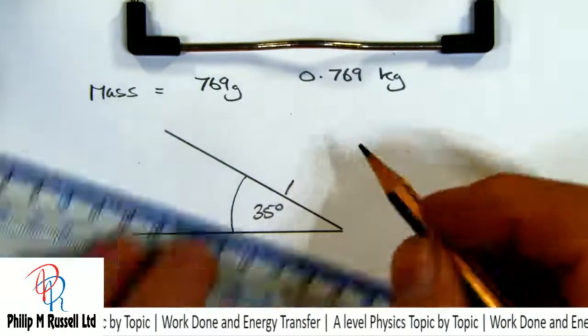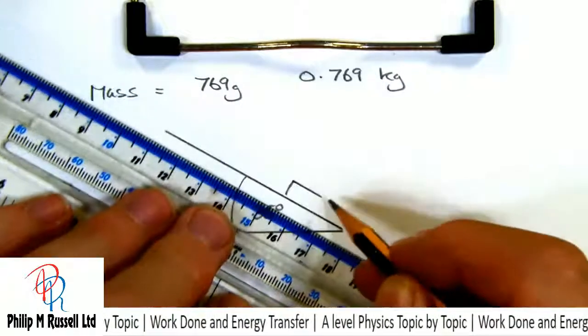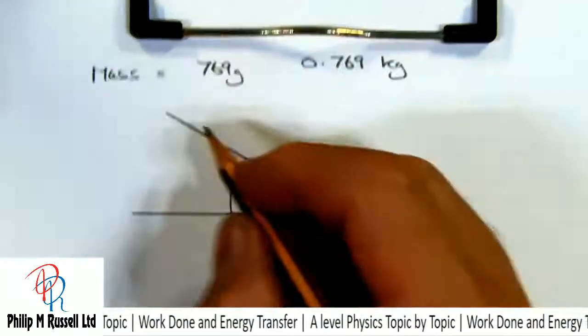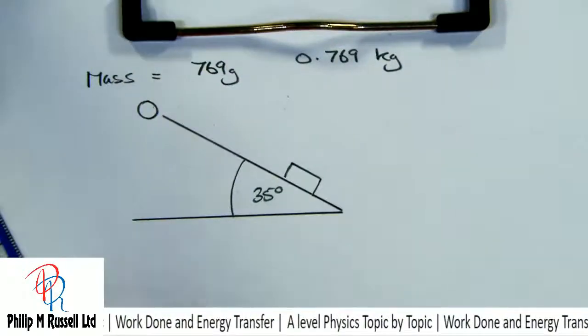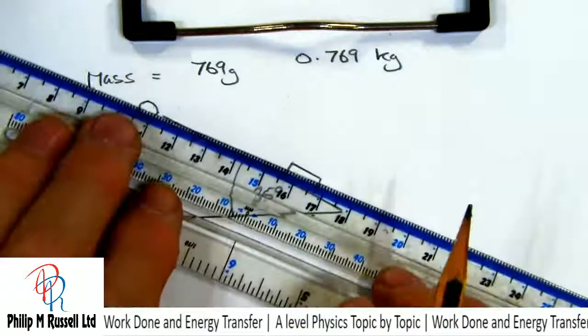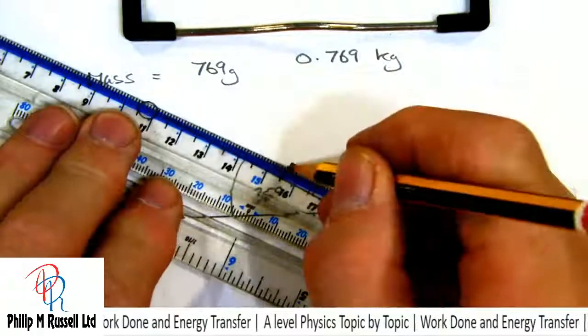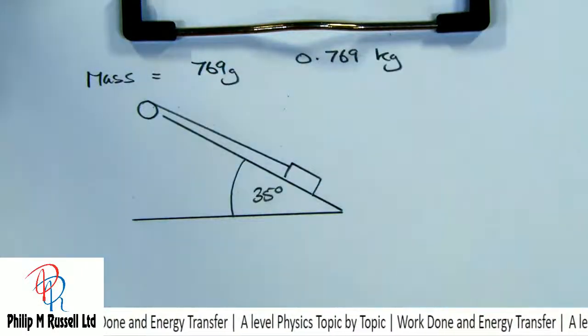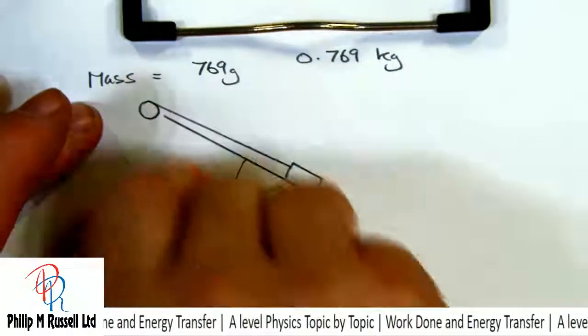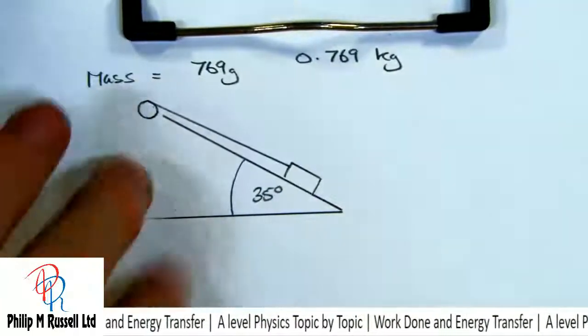So I've now got my mass here moving up the slope, going over the so-called frictionless pulley, and any of you who do A-level maths will find this experiment reasonably familiar.